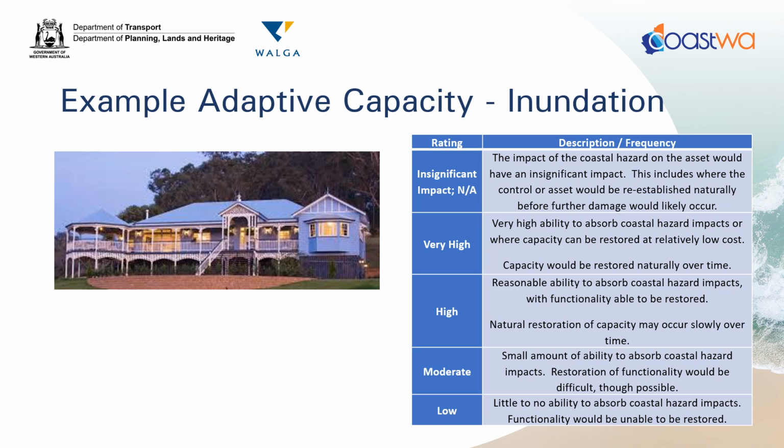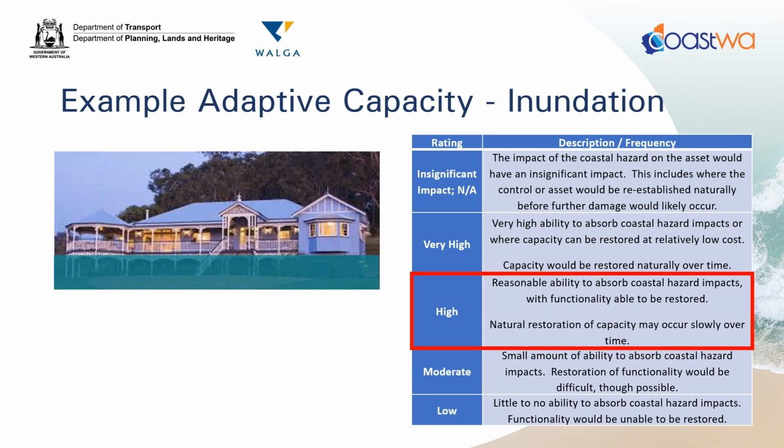What if we had a Queenslander style house where the actual living areas and everything were elevated up above, and the flooding underneath was of less consequence? In this case, we might have a high adaptive capacity because we might have a reasonable ability to absorb coastal hazard impacts with functionality able to be restored. Natural restoration is obviously not relevant to this particular case. But I guess that shows that we've got to account for adaptive capacity rather than just the simple risk.